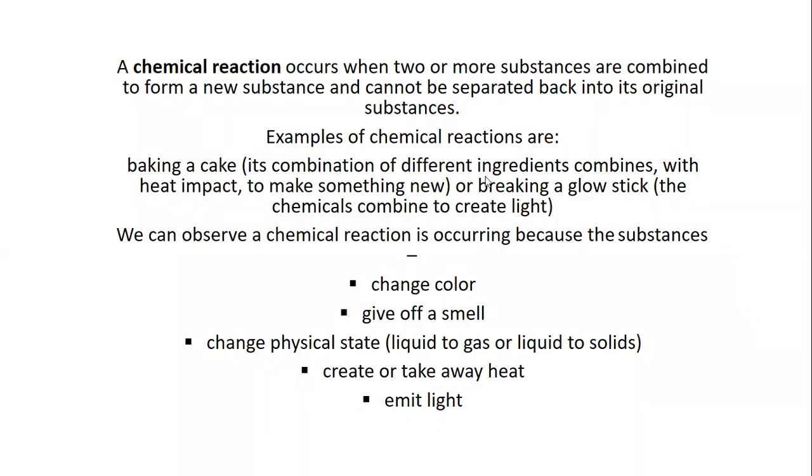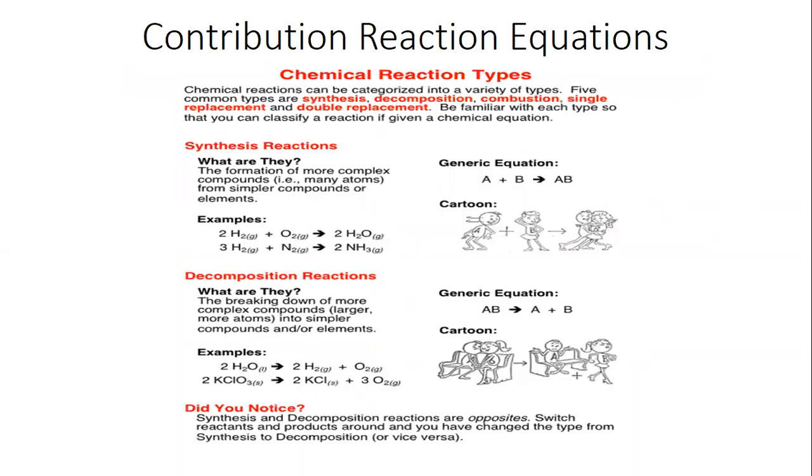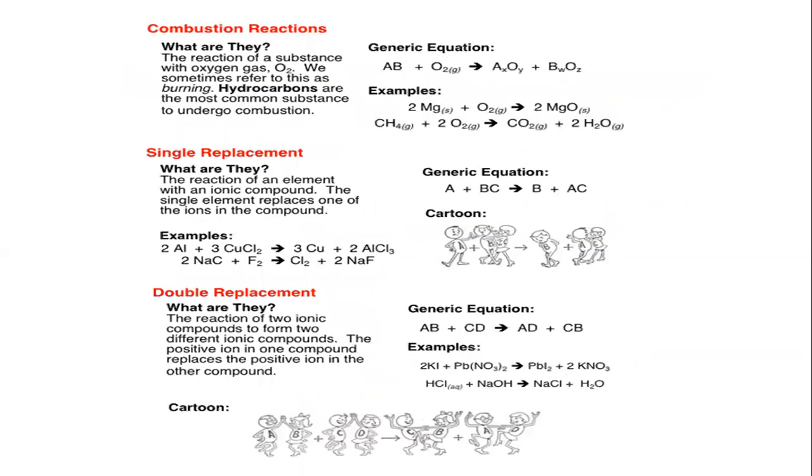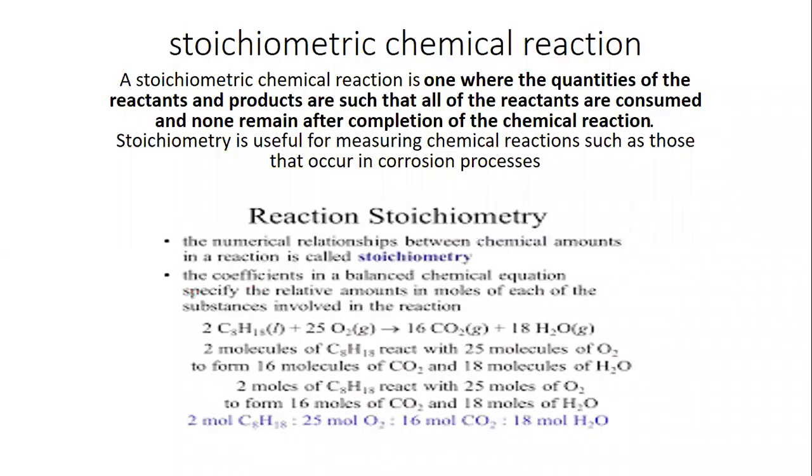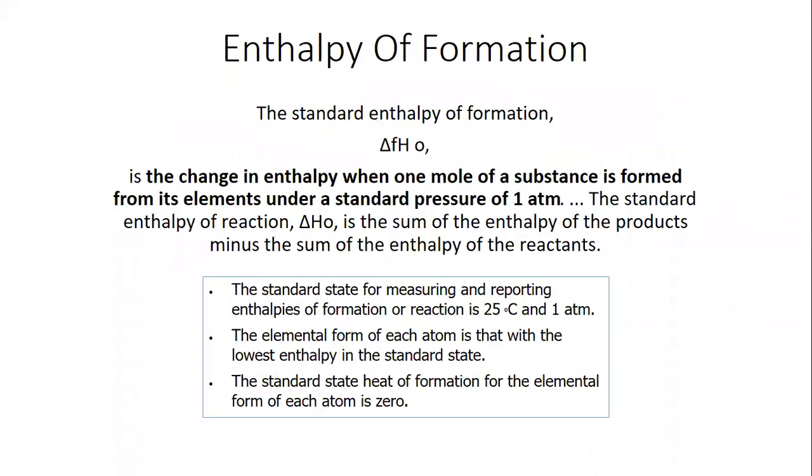All right. So we talked about chemical reactions. We went further to stipulate what we observe in chemical reactions. We saw some chemical reactions like synthesis reactions, decomposition reactions, and we defined what they were. We also looked at single replacement reaction, double replacement reaction, and slid into stoichiometric chemical reaction, where we understood that stoichiometry was all about the quantities of reactants and products that are involved in a chemical reaction.